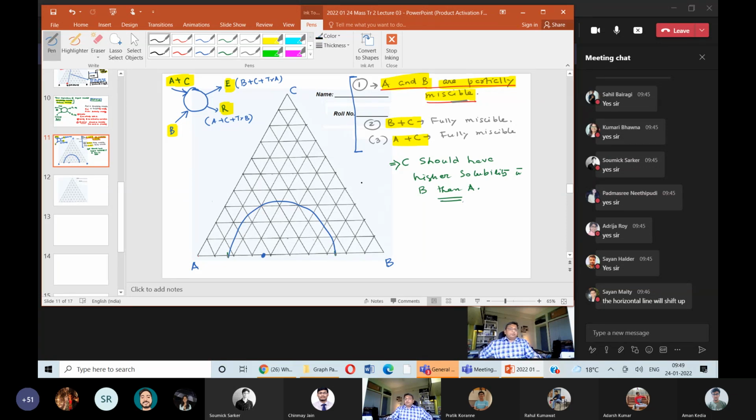Forget about this dome because we have not explained it. This dome as of now is an imposed stuff. So we are in the recall mode.